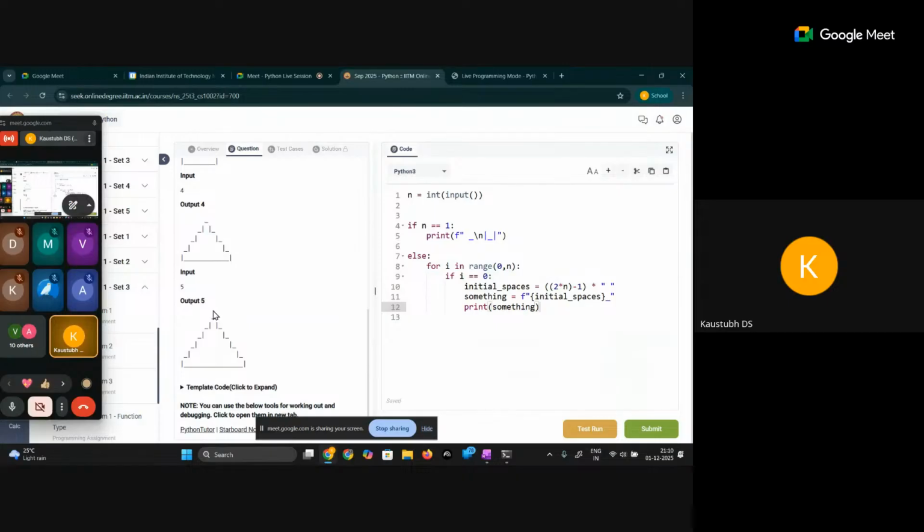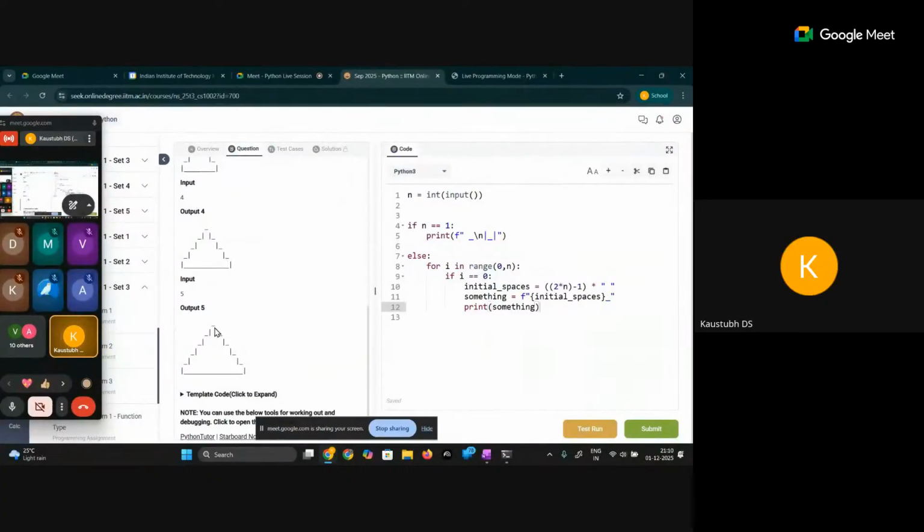For n equals 5, we are getting 6 lines of output: one, two, three, four, five, six. Just count the lines.